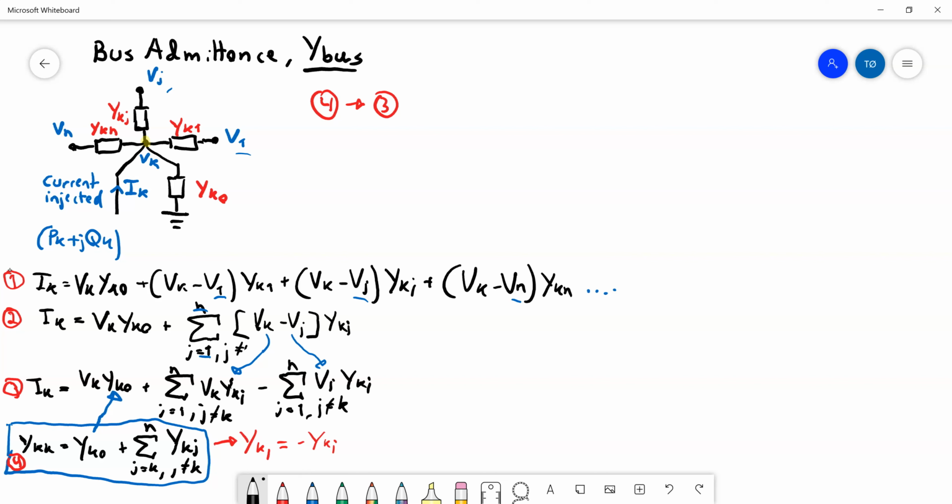We can have the current now written as VK times the parenthesis of YKK minus YKJ.